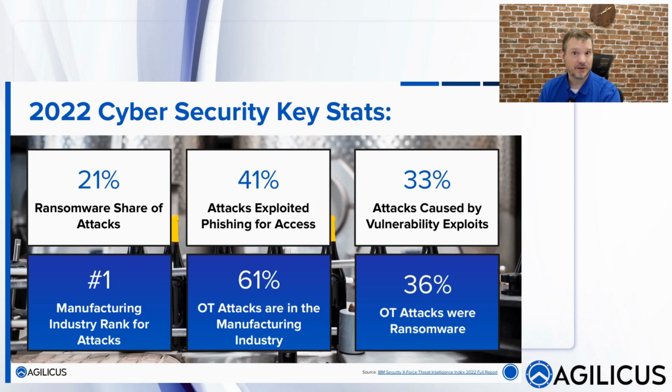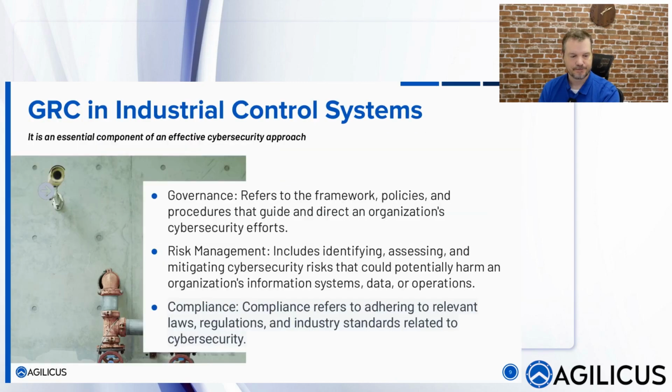And 36% of all these OT attacks are ransomware. And we talk about the operational status being the priority of OT networks. Ransomware attacks are really crippling in that scenario. So we need to be able to control and understand who's getting access to these resources, limit the scope of access to the least amount of privileges or permissions for the types of applications being used, and so on.